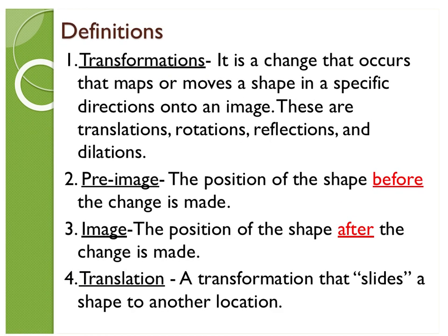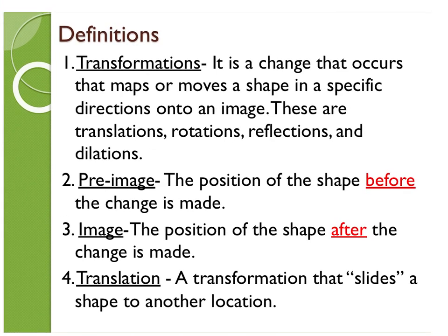Before we start our lessons, we're going to go over some definitions, okay? You might have to fill in some blanks that did not copy correctly on your PowerPoint, so just pause the video and write them in. Transformation. It is a change that moves a shape in a specific direction onto an image.